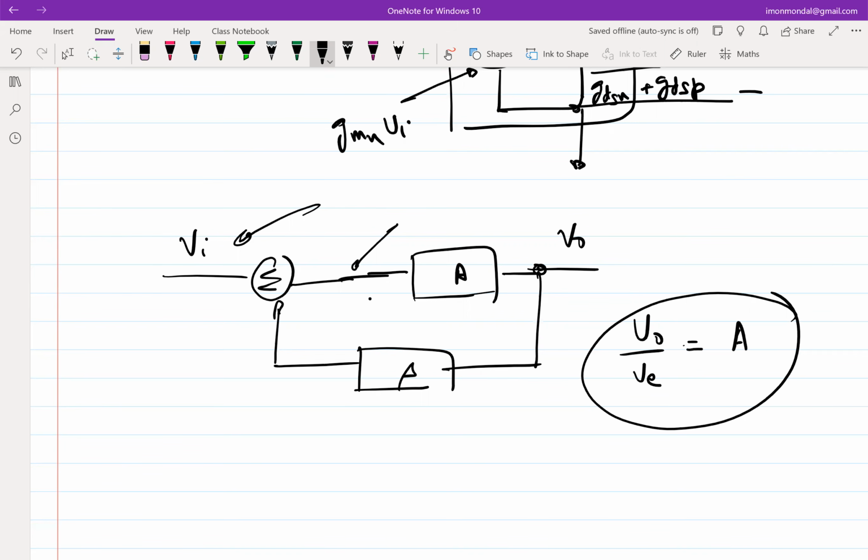If I put it in feedback and the gain goes off, then what's the purpose of designing the amplifier? The whole purpose of designing a high gain amplifier is to minimize the error: put in negative feedback and it will minimize the error. It can minimize the error only if it has high gain. If you put in negative feedback and gain goes off, then there's a problem.